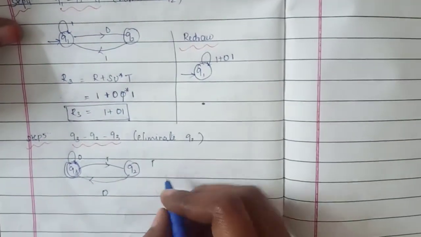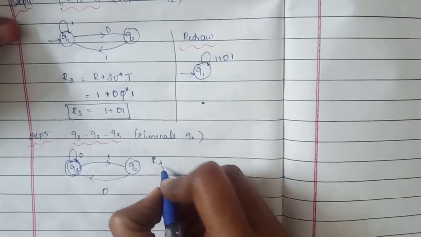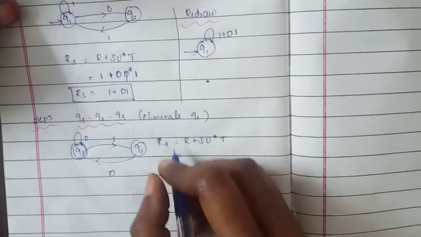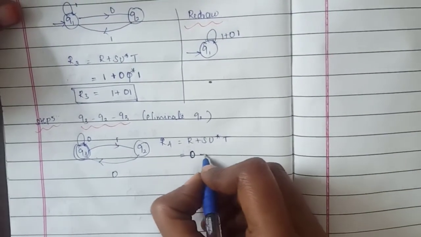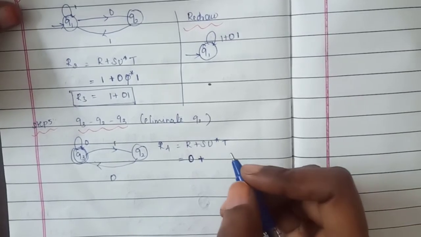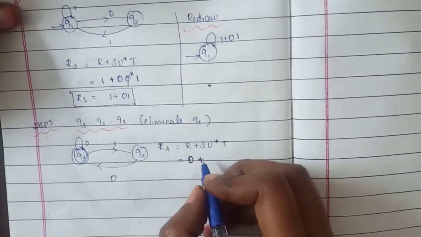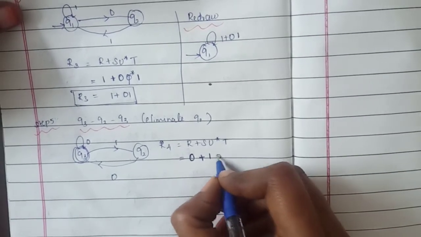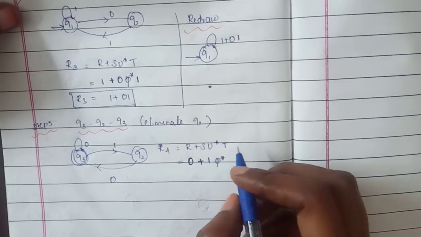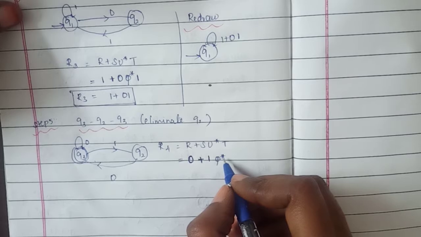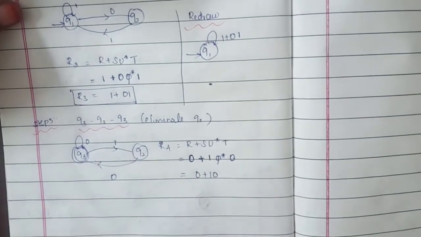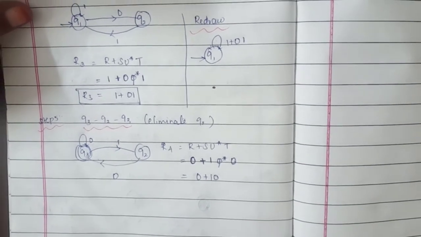So here also we'll have this one, right? So R4 equal to R plus S U closure T. So here R is 0 plus S will be 1 and there is no U closure. Since it is phi, it is phi closure and T is 0. So when you see this, right, 0 plus 1 0. Okay, this is 0 plus 1 0.